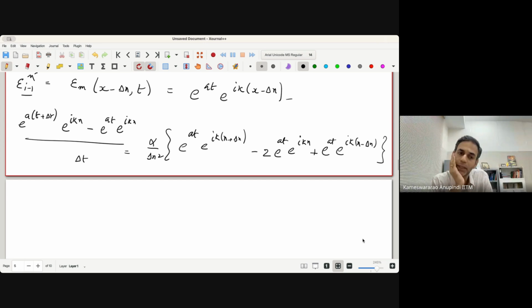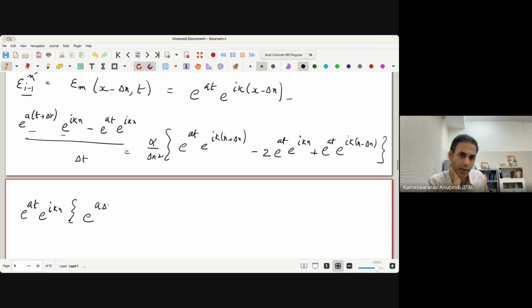Now what we note is that there is this e to the power at, e to the power ikx, that is there on both sides. So I'm going to take common e to the power at times e to the power ikx on the left hand side as well as on the right hand side. On the left hand side, what remains is e to the power a delta t minus 1 equals, let me send this delta t to the right hand side, so let me write this as alpha delta t by delta x square.